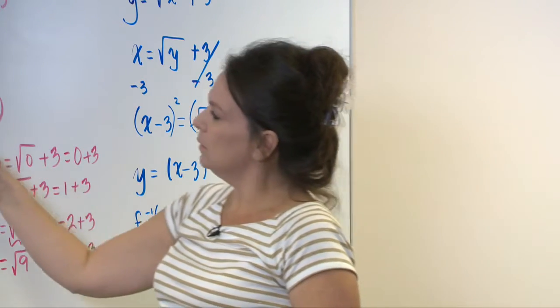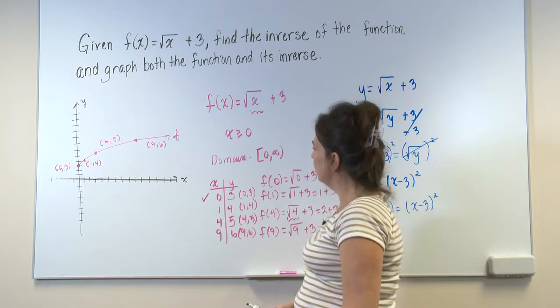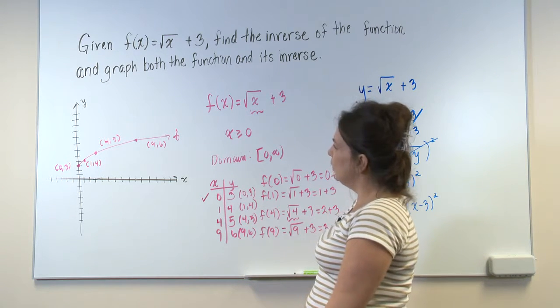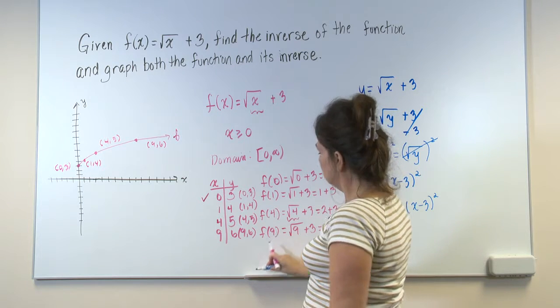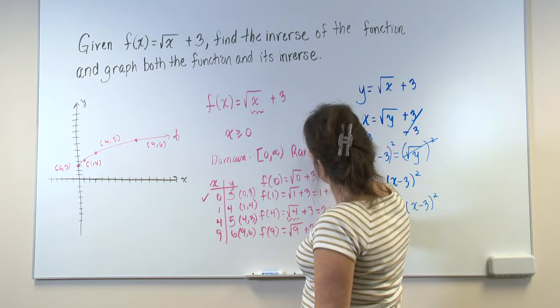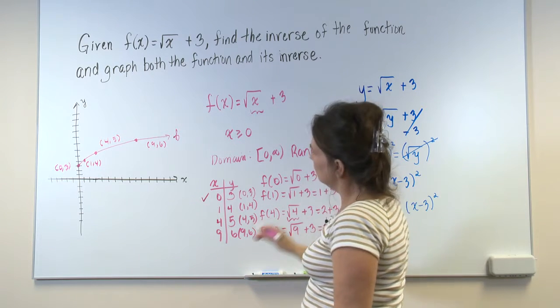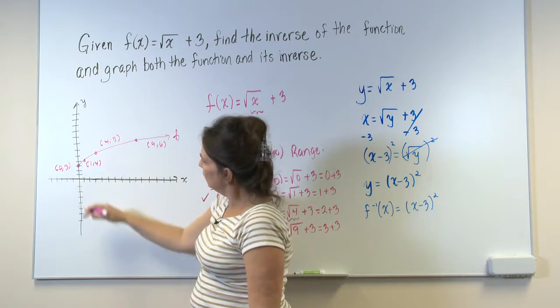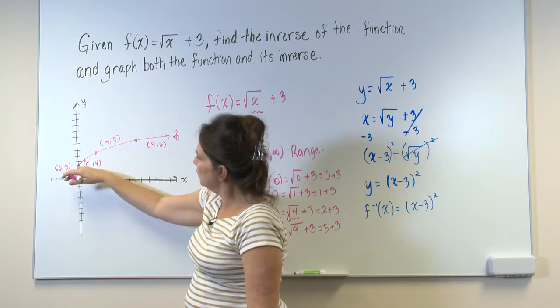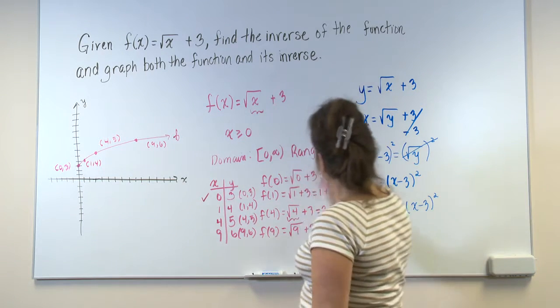I want to come back to the original function, f of x. And we had stated the domain of this function as 0 to infinity. The corresponding range, if I take a look at this graph, reading it from bottom to top, the smallest y value here is 3.